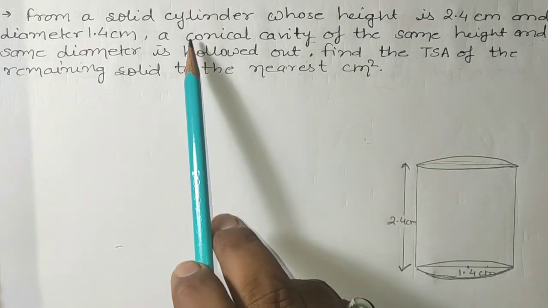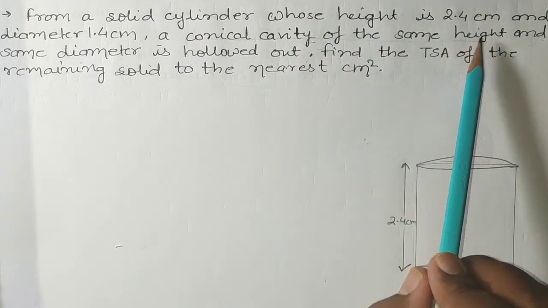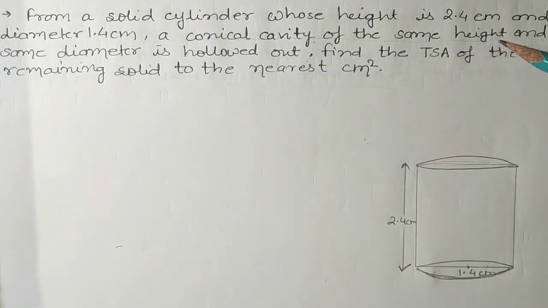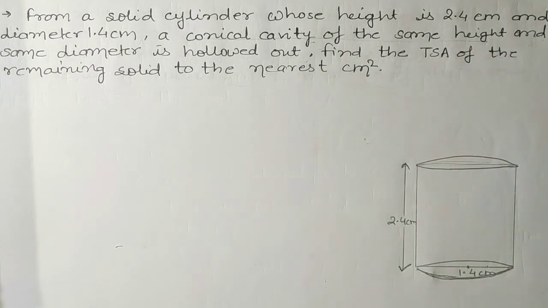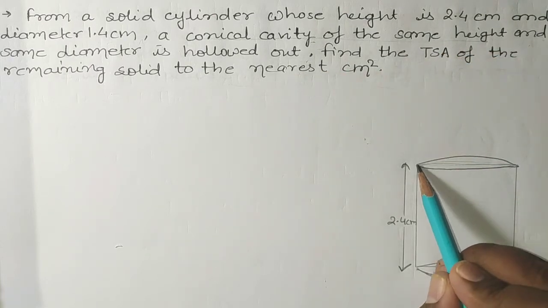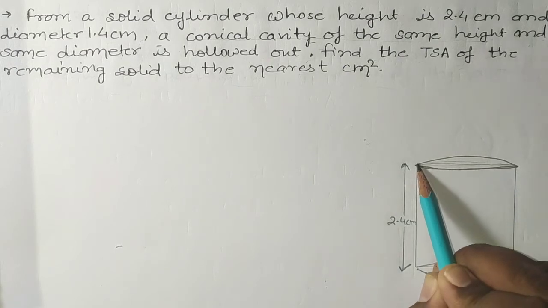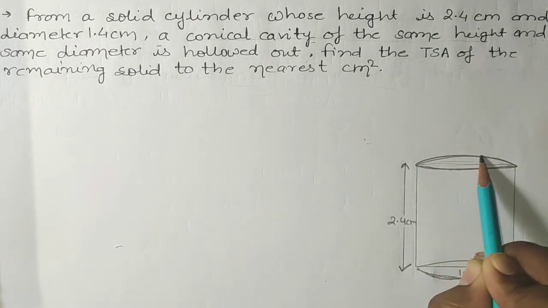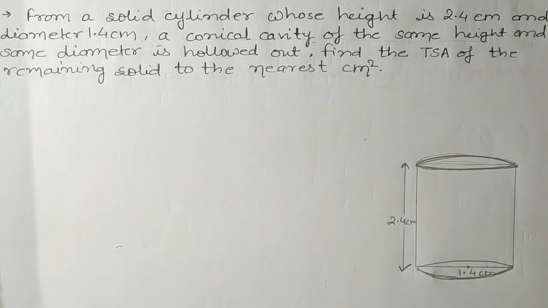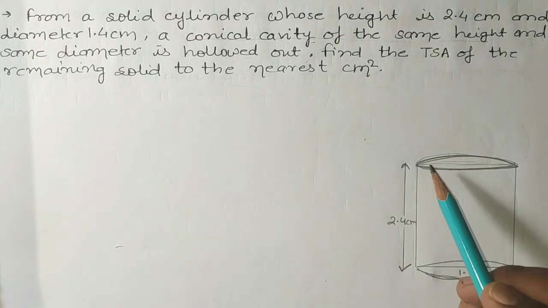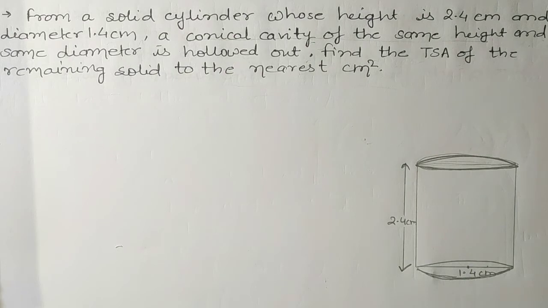Now a conical cavity of the same height and the same diameter, means a cone, is hollowed out from the top of this cylinder with the same base, with height 2.4.